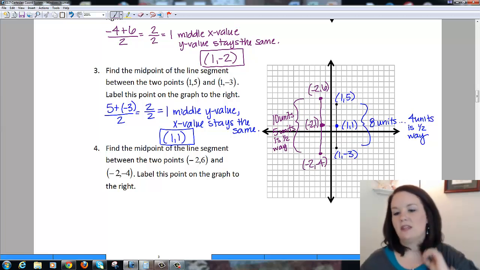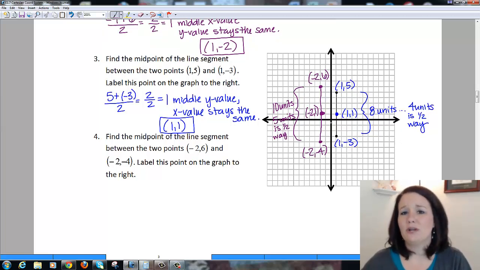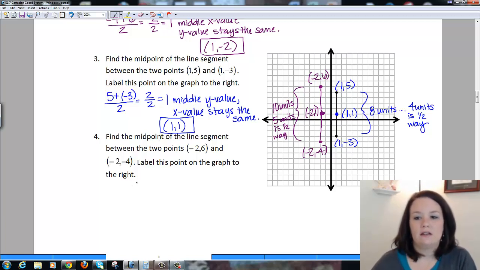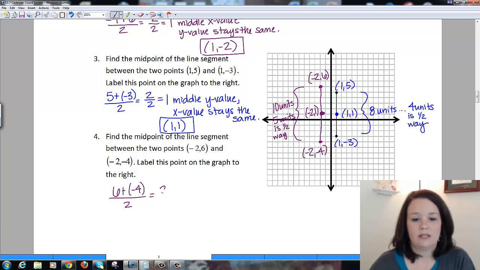So again, we can do it that way, or if it's something not pretty that doesn't have a perfect halfway point, we can do it by just averaging. So I'm going to average my y values again. I'm going to take my higher y value, which is 6, plus my lower y value, which is -4, and divide it by 2. 6 plus -4 gives me 2, divided by 2 gives me a 1.